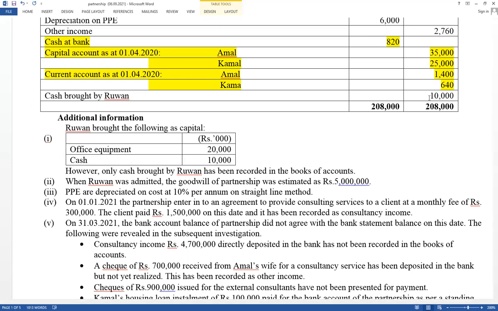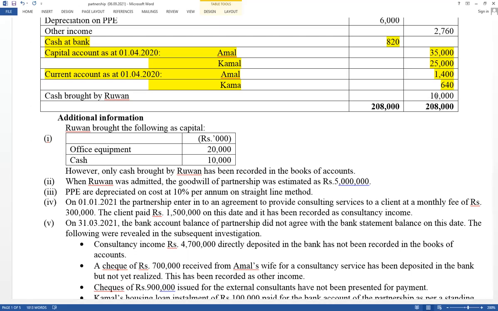What is the double entry? Cash account debit, capital account credit. But the office equipment also brought by the new partner has not been recorded. Office equipment is also part of property, plant and equipment. First one, think about the cash brought by the new partner. It is available in the trial balance. It should be recorded in the partners' capital account from the beginning.